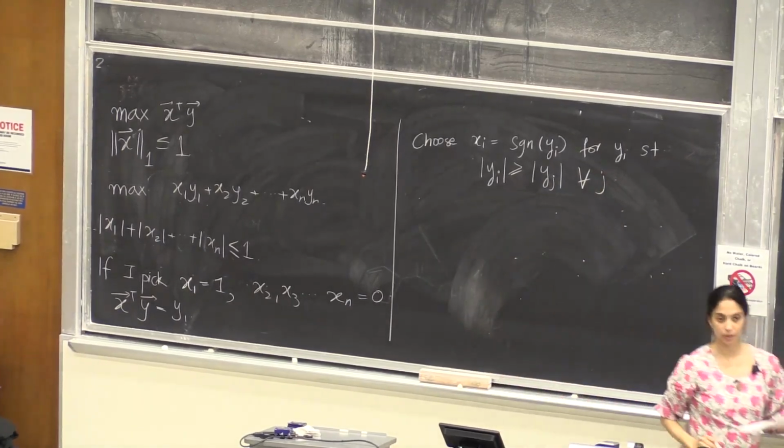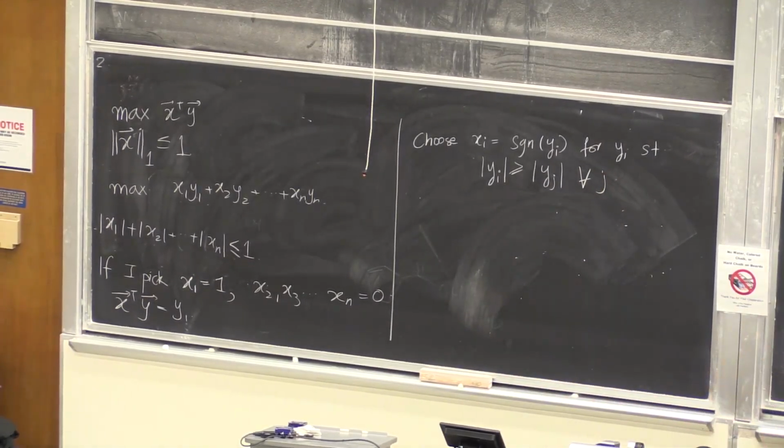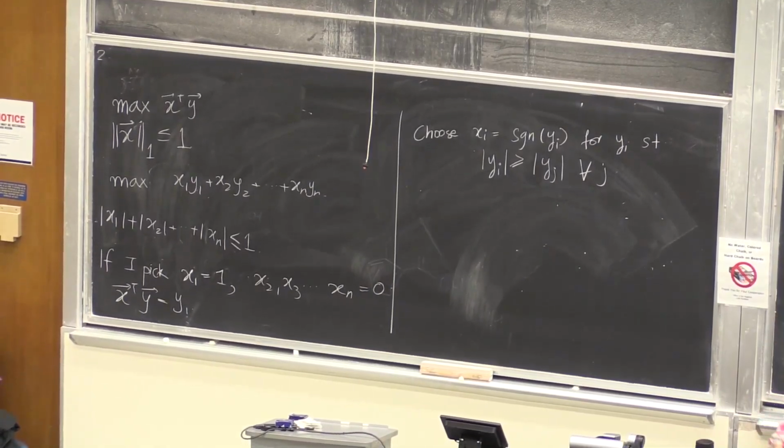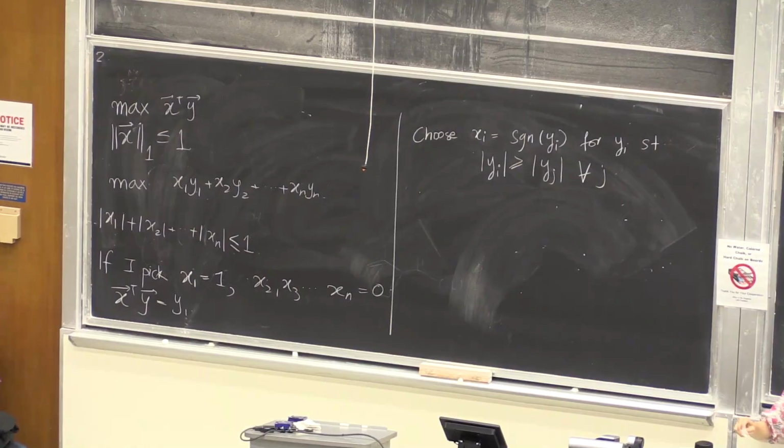Right? So pick that y that has the largest absolute value, and then pick the x that has the sign of that, right? So if your largest y in absolute value is -100, then multiply it by -1. If your largest y is 100, then multiply it by plus 1, right?